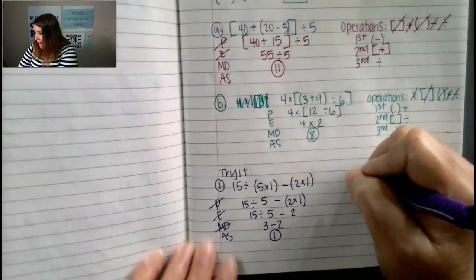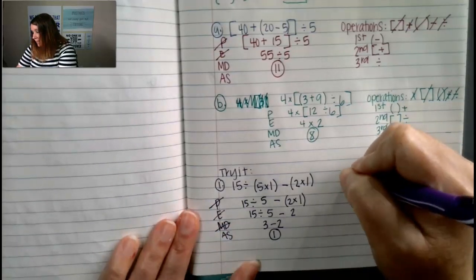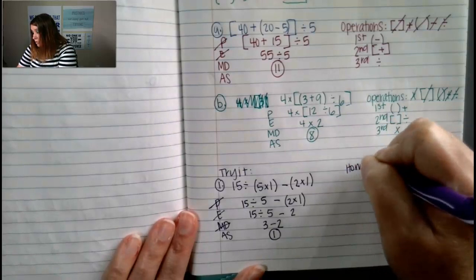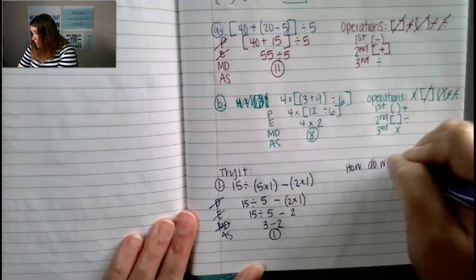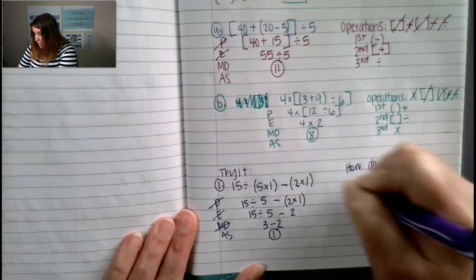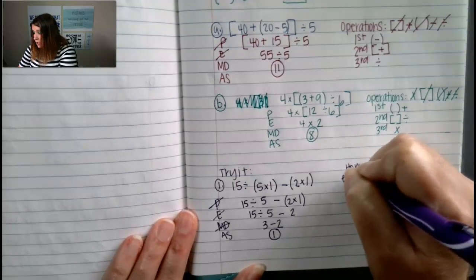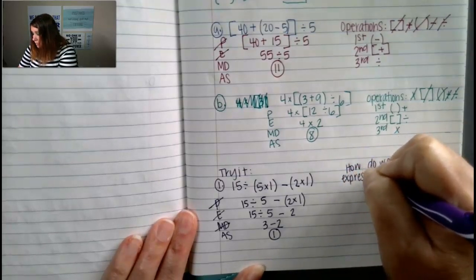Okay, out to this side, I want you to explain to me, summarize, how do we solve expressions when there's more than one set of grouping symbols?